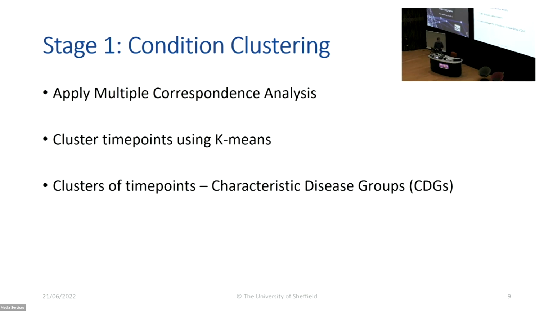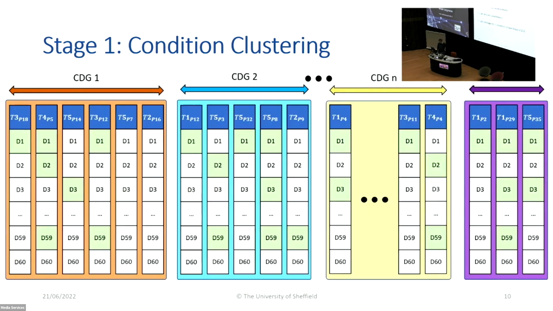These characteristic disease groups contain commonly co-occurring conditions. All of the time points of the entire data set are grouped into individual CDGs, characteristic disease groups, and they're colored in different colors.